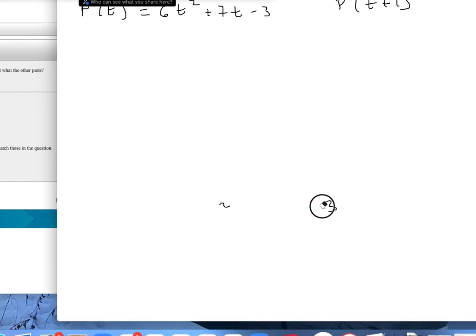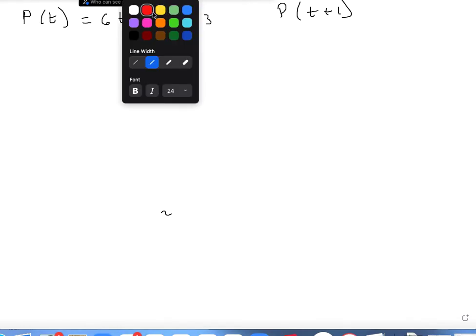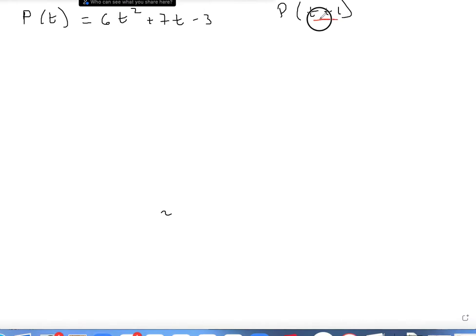Okay, so now let's find p of t plus 1. So what that means is this t plus 1, the same as the 0 and the negative t I just did, it's going to go right in there for those t's.